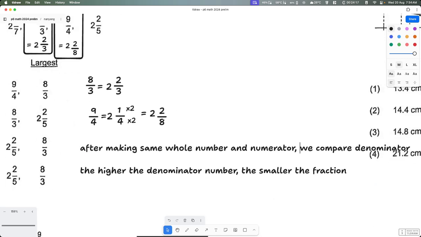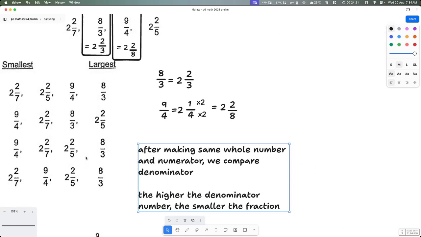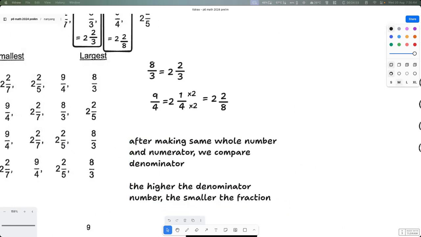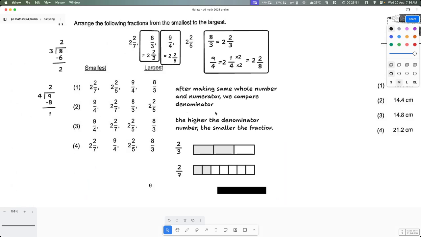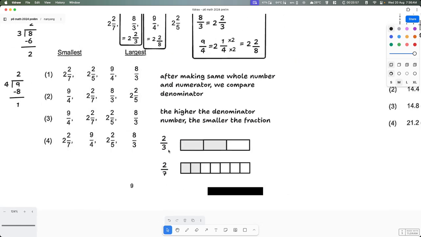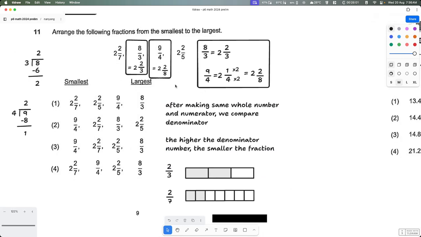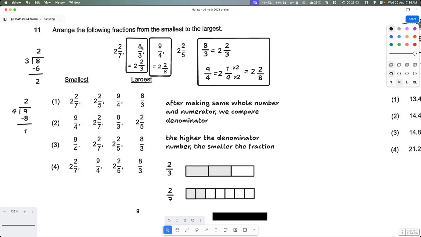Okay, so if I were to visualize it for you, in this case, it looks something like this, right? 2/3 is bigger than 2/7. That's why I see over here. Okay, so from this, we will know which one has the smallest, which is 8 over 3.